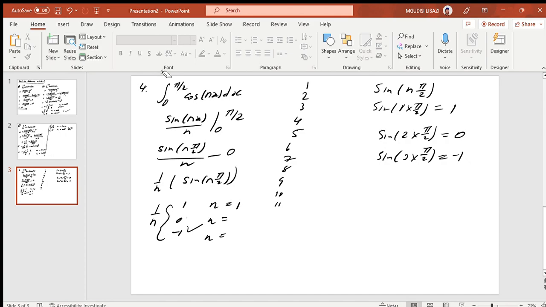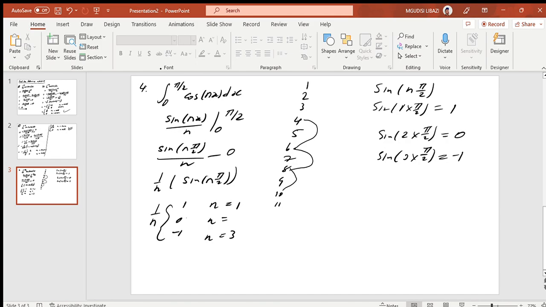So that's the -1 we get when n is equal to 3. When we substitute 4, we get 0 again. When we substitute 6, we get 0. When substituting 8, we get 0. When we substitute 10, we get 0.